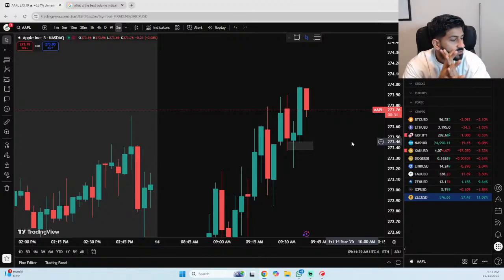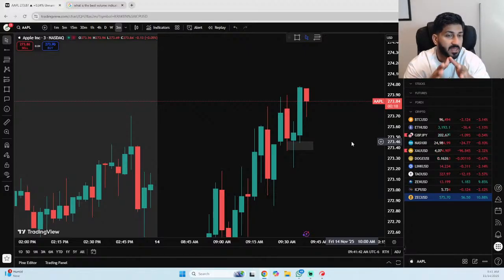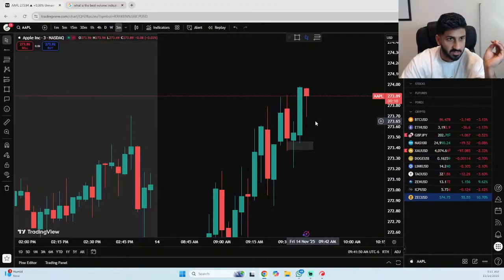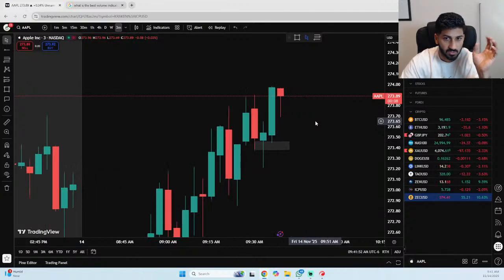See, all of these trend lines, the RSIs, the VWAPs, the Fibonacci, what do they have in common? Price action. They're basing their levels on the candles that are printing in front of you. So you can just eliminate all of these indicators and all of this noise and just look at price.